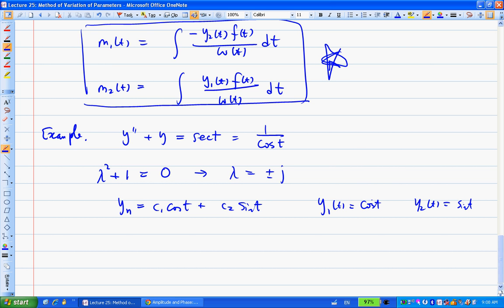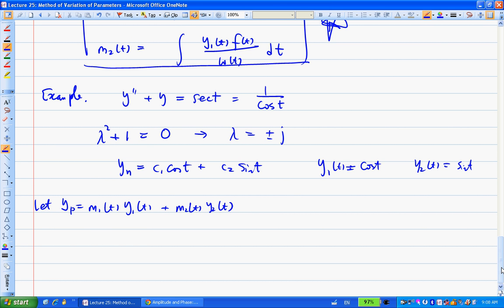Because if you do have a constant here, it's not going to make a very significant error, but you're going to have a constant carried along through the calculation. Technically speaking, I don't have to take y1 as cosine t. I can take y1 as maybe 3 cosine t. So this is y1, y2, and we let y(t) equal M1 y1 plus M2 y2.